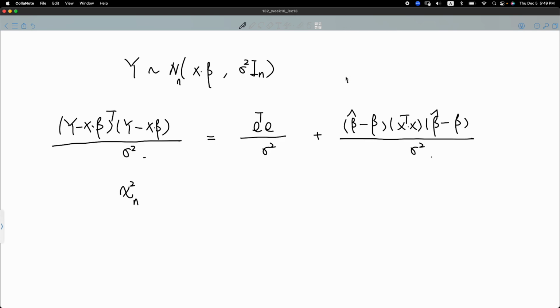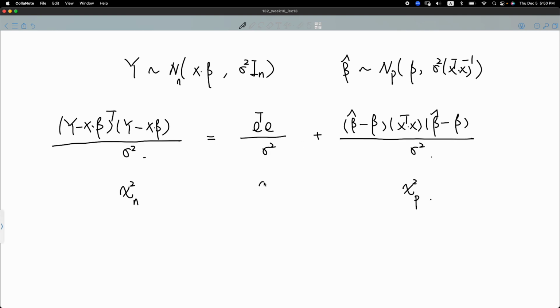That is coming from that the beta hat is following a p-dimension normal distribution centered around the true beta, and then with the covariance sigma square X transpose X inverse. So based on this normal distribution, we know that the second term on the right-hand side also follows a chi-square distribution with degree of freedom p here.